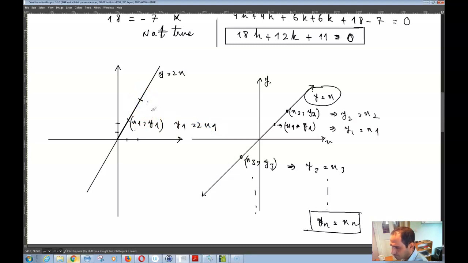If you pick this point, x2, y2, again you can conclude that y2 is equal to 2 times x2. And you can just keep going on, and conclude that y of n is equal to 2 times x of n. So this is what happens in a straight line.